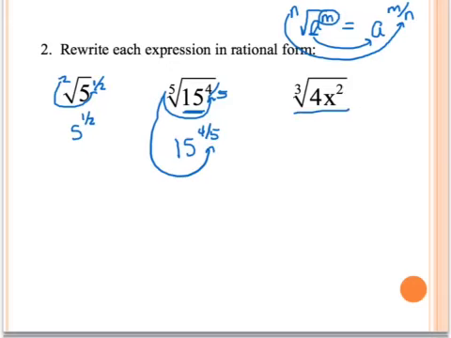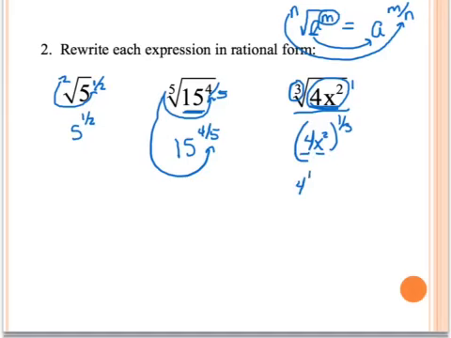Last one, I have the cube root of 4x squared. Now be careful about this, because I have now 2 factors underneath my radical. So this is really 4x squared. I'm going to take all of my radicand, and I'm going to raise it to the 1/3 power. 3 is my denominator, because that's my index in radical form. And with something like this, when I have more than one factor, I'm going to raise each factor to the 1/3 power.